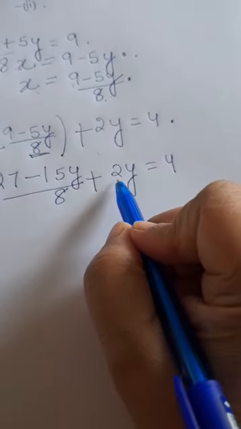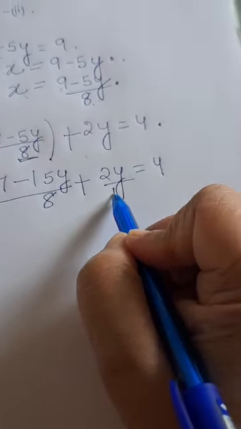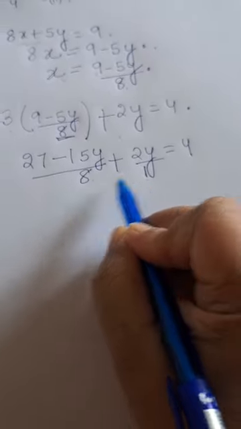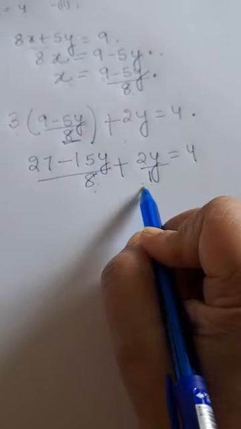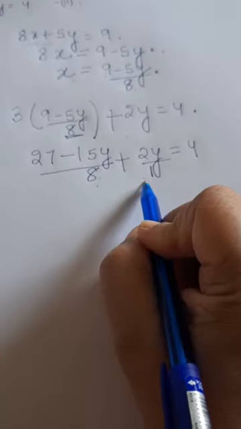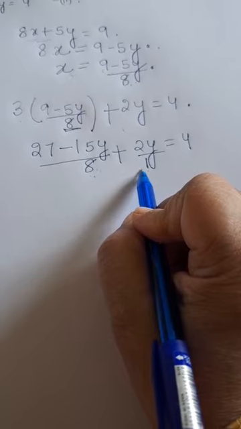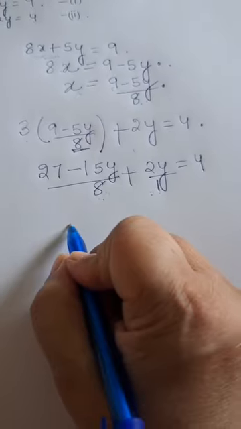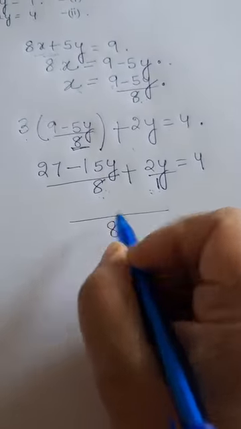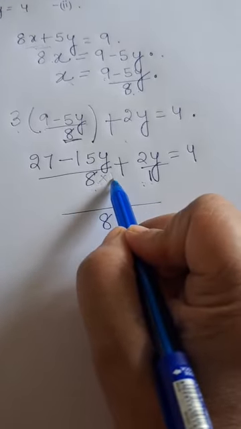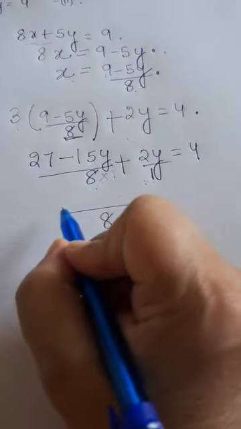Now there is nothing at the bottom of 2y, so that means it's 1. So now we will find the LCM of 8 and 1 to make it a linear equation. What is the LCM of 8 and 1? It's 8. So we will put it as 8. This is already 8, so no need to do anything with the numerator.